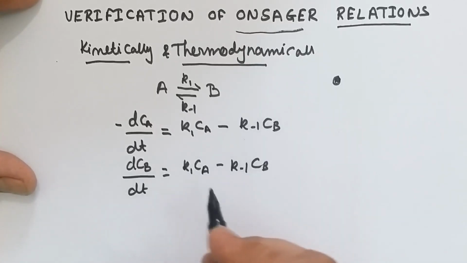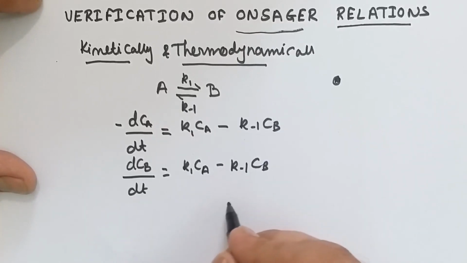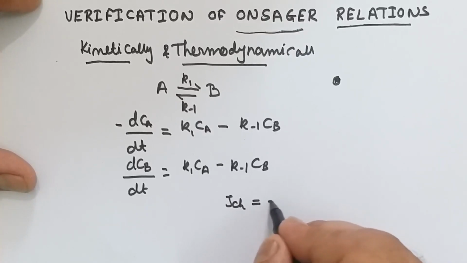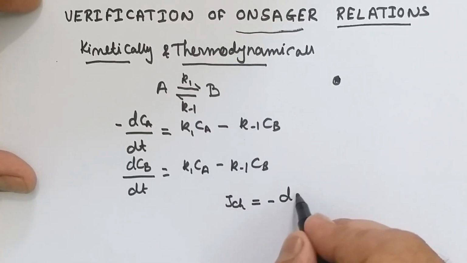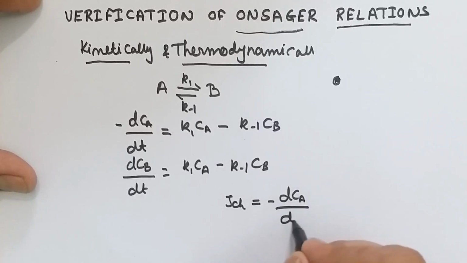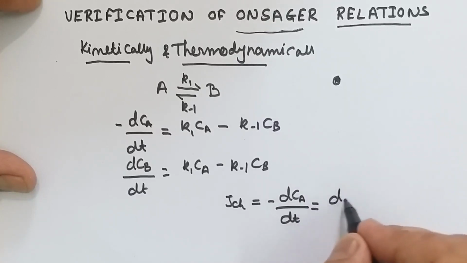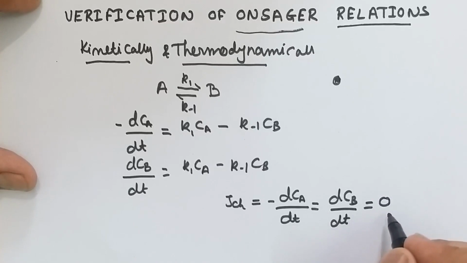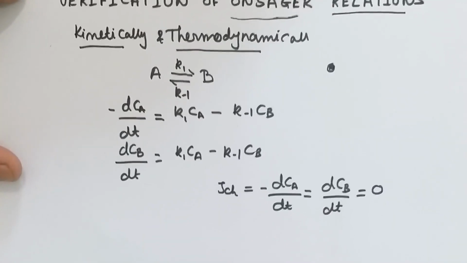So for the macroscopic rate, suppose we write J as the macroscopic rate. As the system is under equilibrium, this J will be equal to minus dCA upon dt, which equals dCB upon dt, and that will be equal to 0, because when the system is under equilibrium condition, the net rate is always zero.